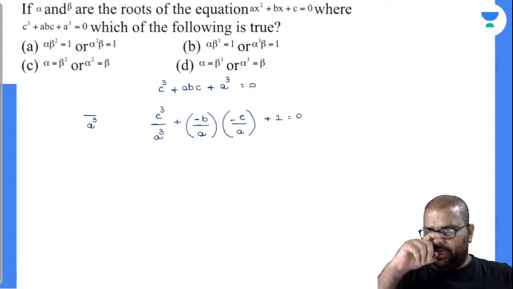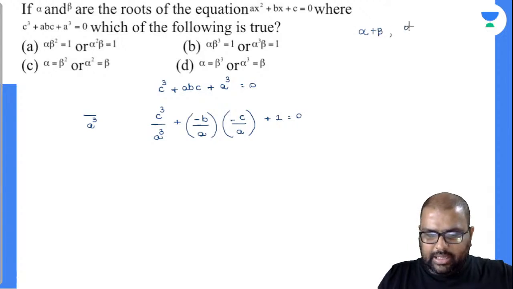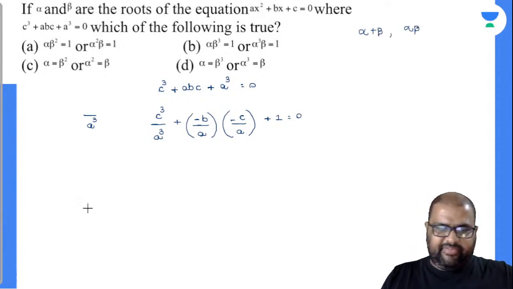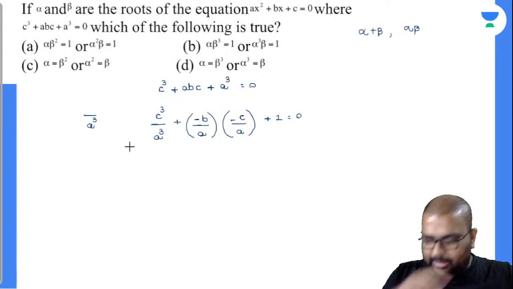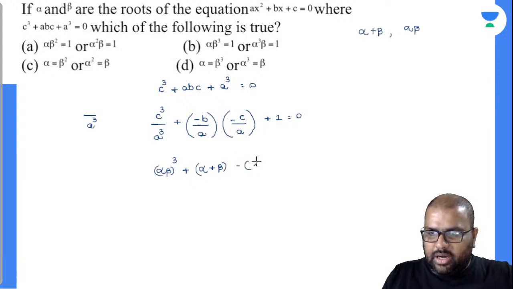Now listen carefully, everybody knows the sum of roots will be alpha plus beta. Product of roots will be alpha into beta. Am I right or wrong? Perfectly right. Now c by a is nothing but the product, so alpha beta whole cube, plus minus b by a is nothing but alpha plus beta, sum of roots, into minus of alpha into beta, plus 1 is equal to 0.